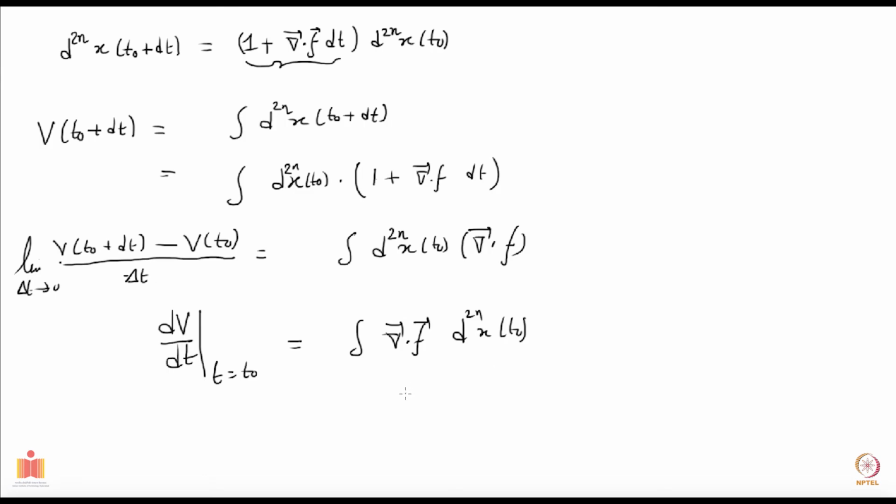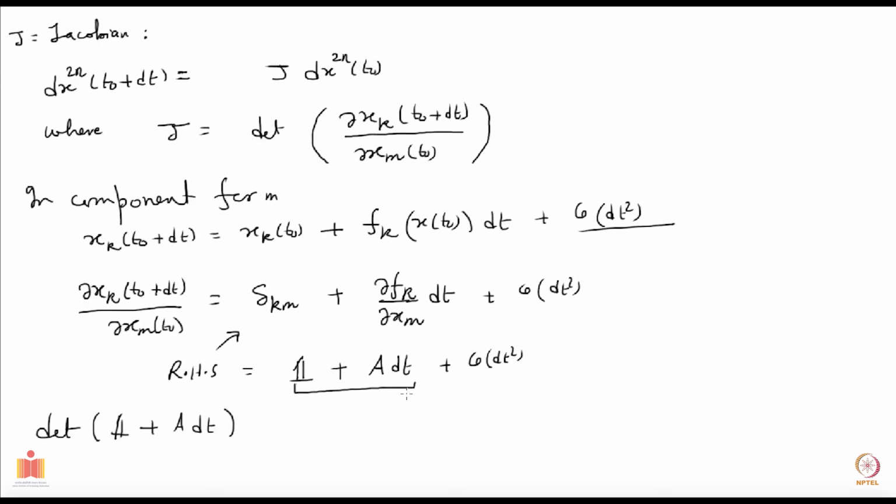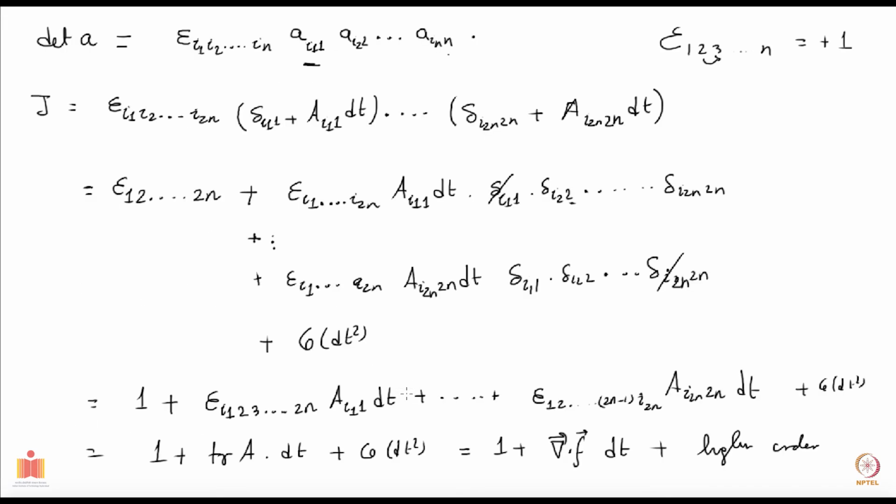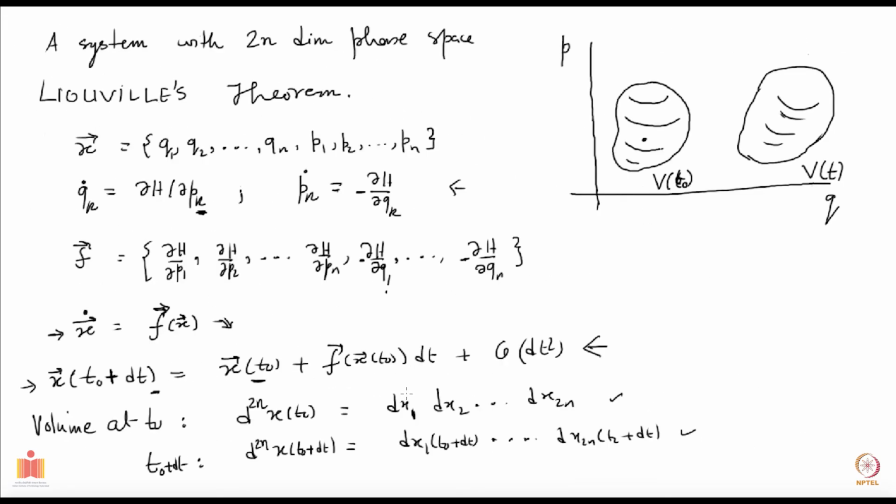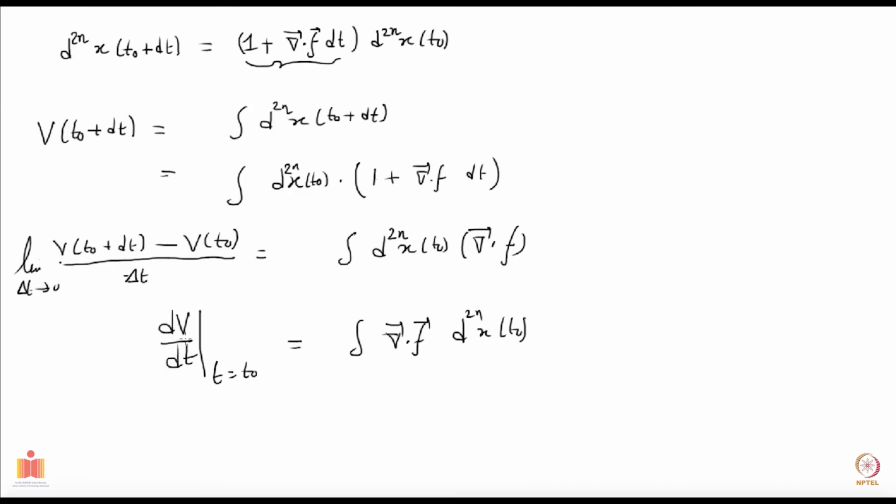Now, if it so happens that your f, which you defined here, the f on the right-hand side of your differential equation, is divergenceless, so let's say I assume that divergence of f is equal to 0.